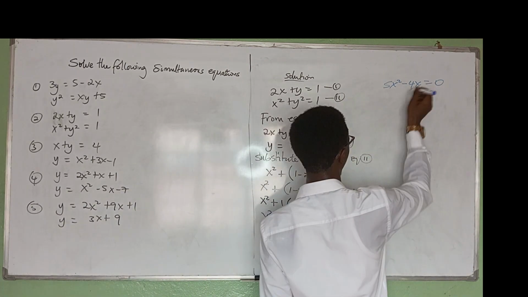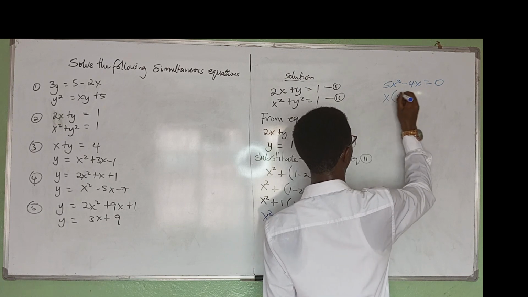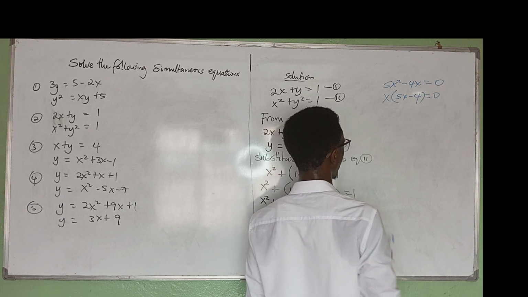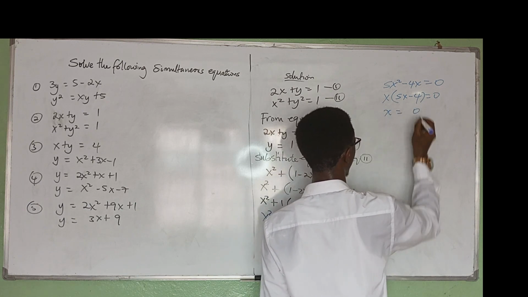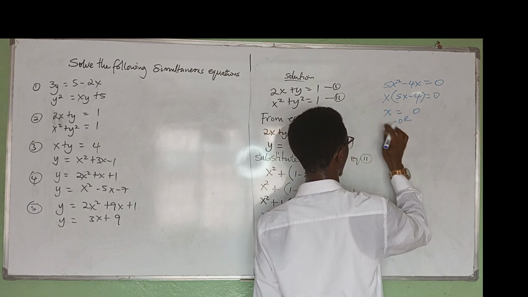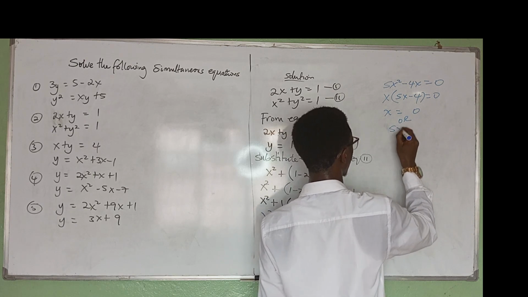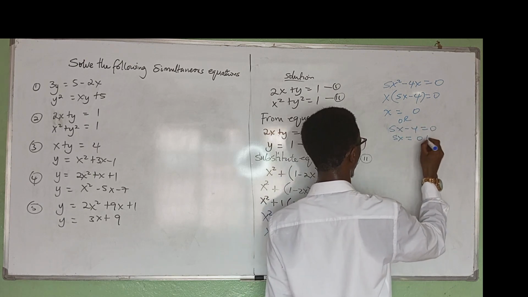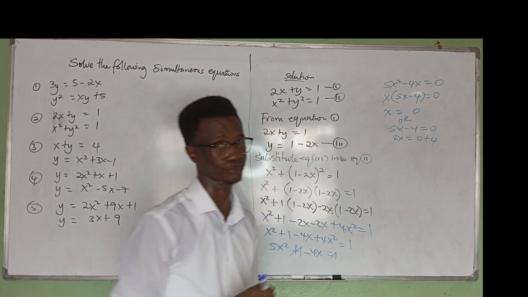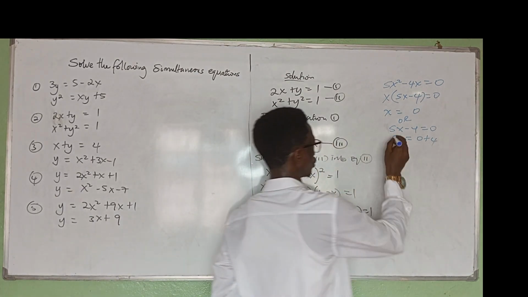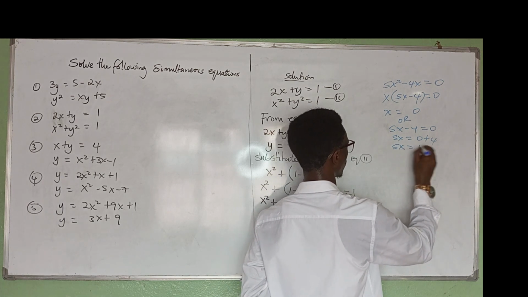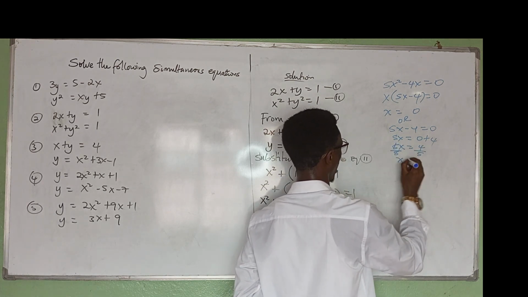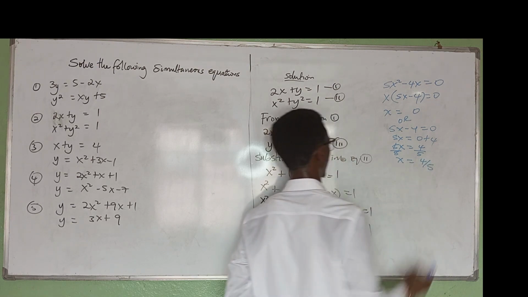Now we factor. x is common, so we are left with x times (5x minus 4) equals 0. This means x equals 0, or 5x minus 4 equals 0. So 5x equals 4. We divide both sides by 5, so x equals 4 over 5.